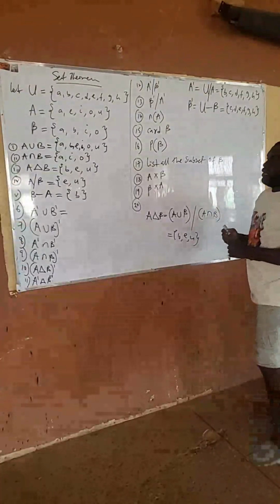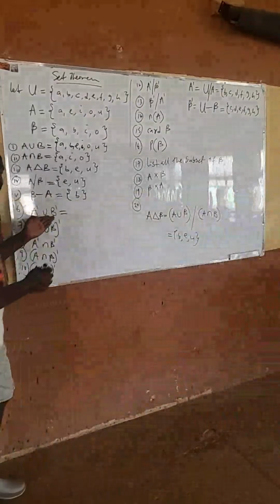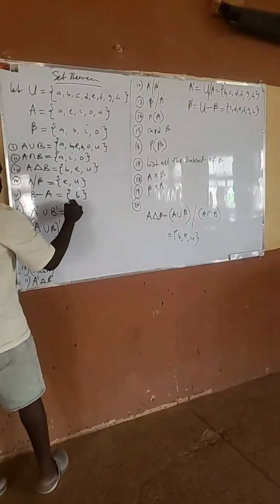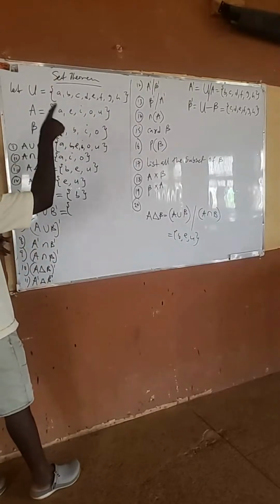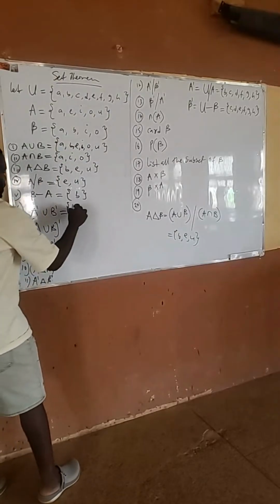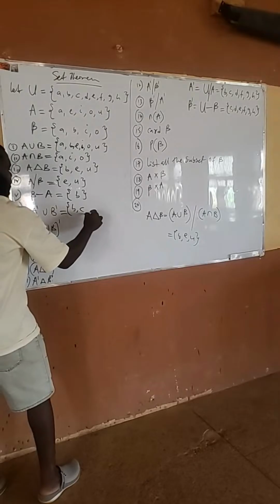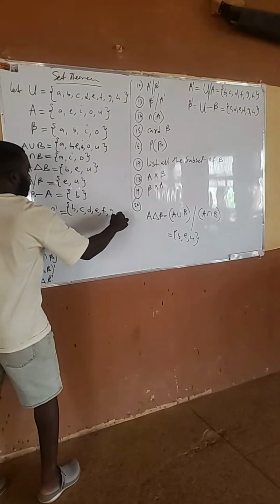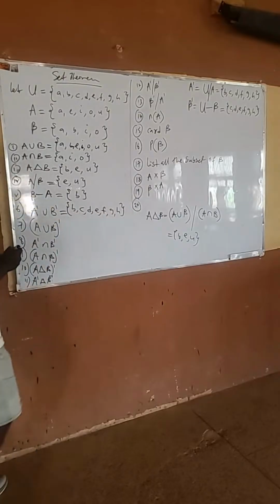Okay? So now, they are now saying we should now unite the two of them. The two we've gotten there, we should unite it. Or tell me the union now. The union of the two of them should now be what? B, C, D, E, F, G, and H. Okay. So now look at this one.